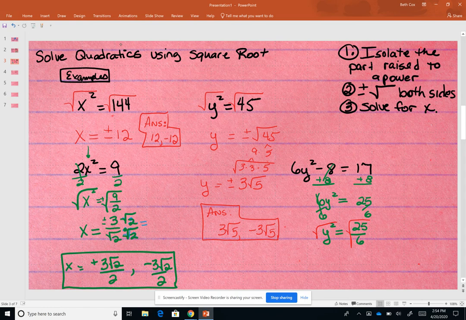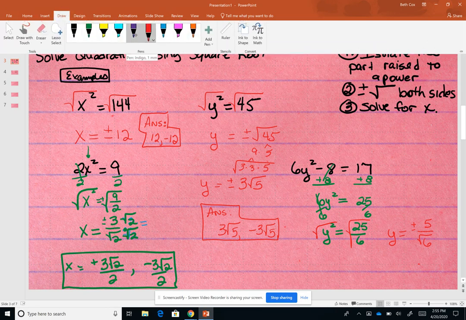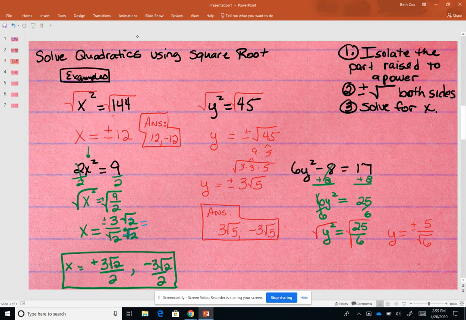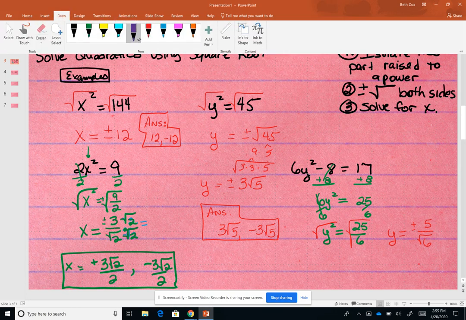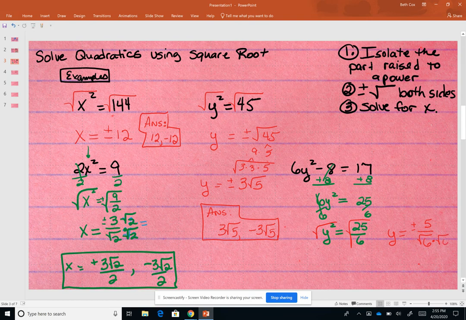I'm going to get the positive and negative 5 over the square root of 6. I have to rationalize that, so I'm going to multiply by the square root of 6 on top and bottom. And I get 5 square roots of 6 over 6 and the negative 5 square roots of 6 over 6. So there are my answers to that.